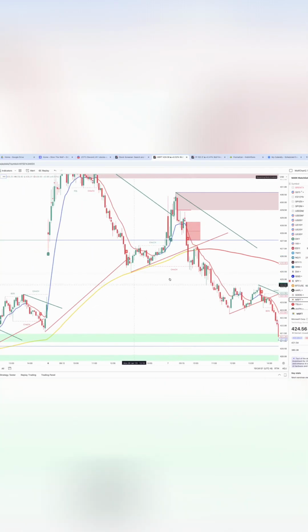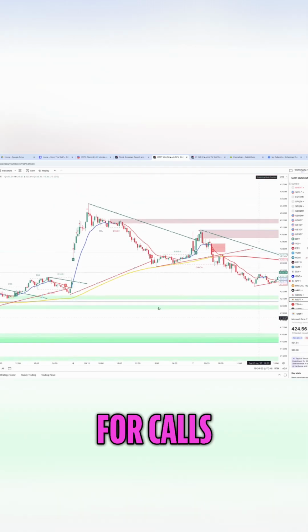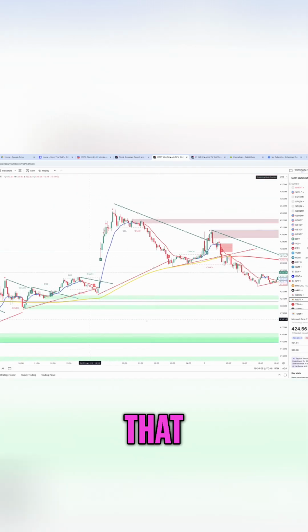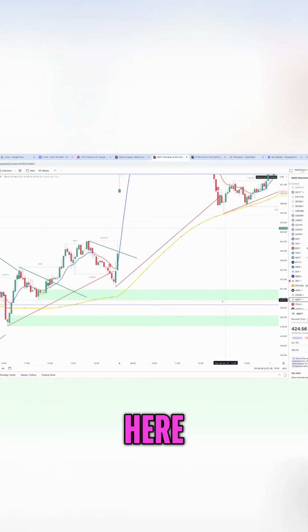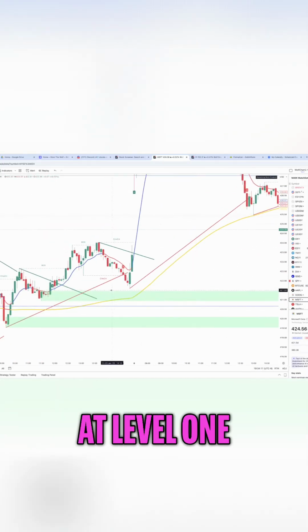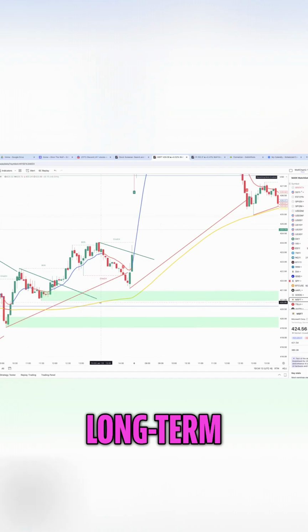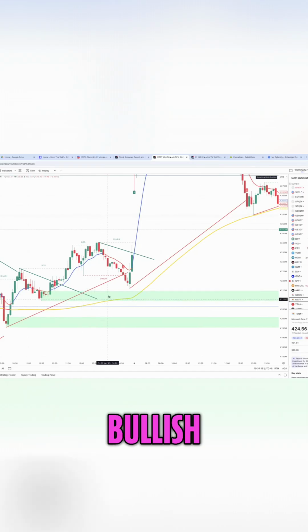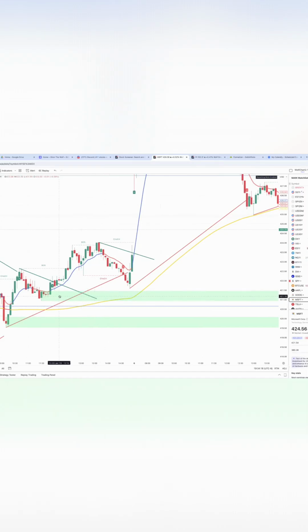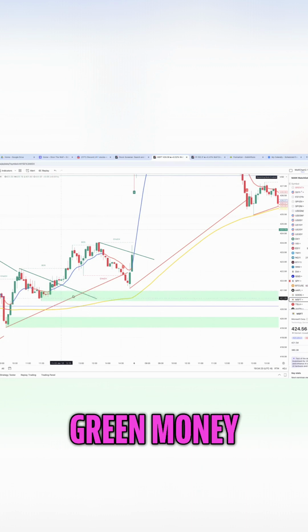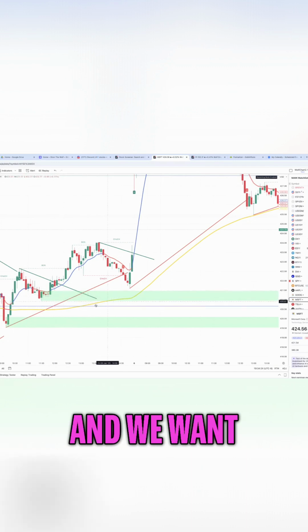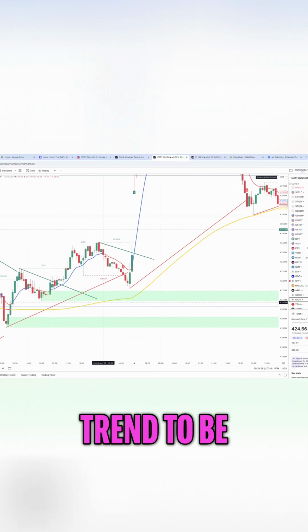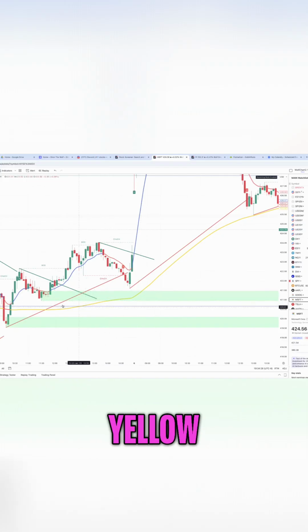Okay. Now for calls, we're looking for the opposite of that. Let me zoom out here. At level 1, we want the long-term trend to be bullish, and we want to see bullish money under us. We want green money under us, these buyers sitting under us, and we want our long-term trend, the 200, to be yellow.